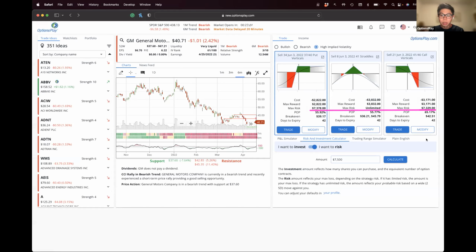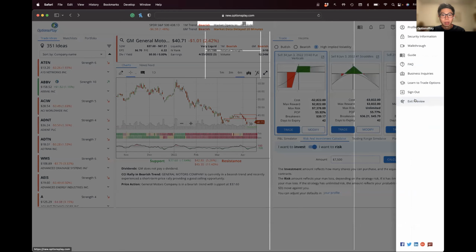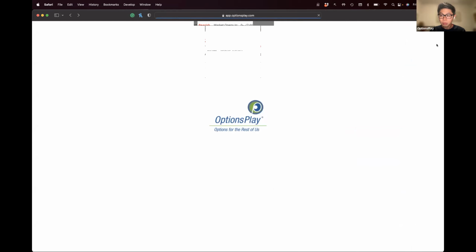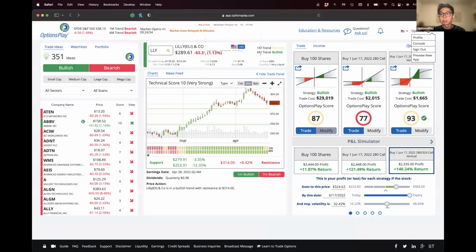And for some of you that are saying that you don't have that, you may be currently logged into the classic legacy app. When you go to your OptionsPlay platform, if you click on your name in the upper right-hand corner and there is a button that says Preview New App, you may be currently logged into the classic version of the OptionsPlay platform.